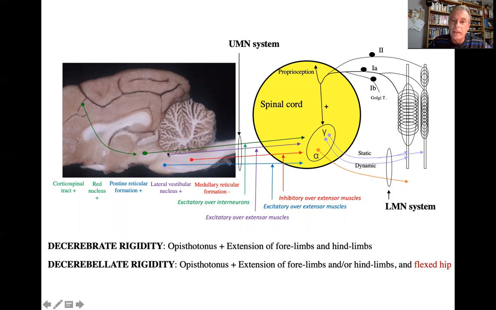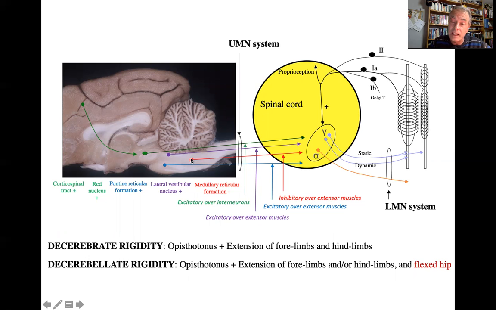We have the vestibular nuclei with the vestibulospinal tract, which is facilitatory over extensors. We have the pontine reticulospinal tract, which is excitatory over extensor muscles. And we have the medullary reticulospinal tract, from the medullary reticular formation, which is inhibitory over extensor muscles.